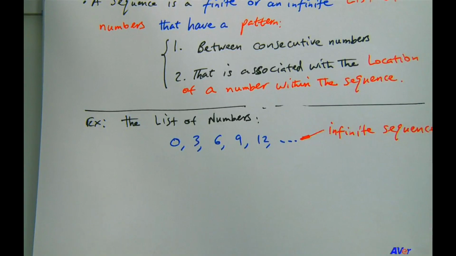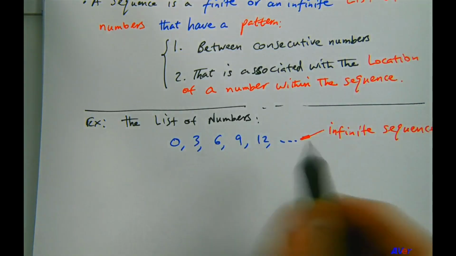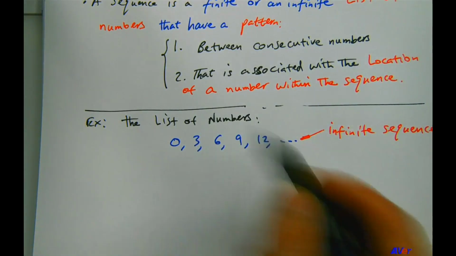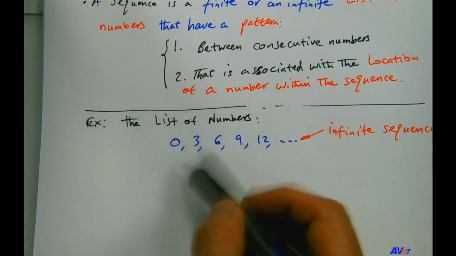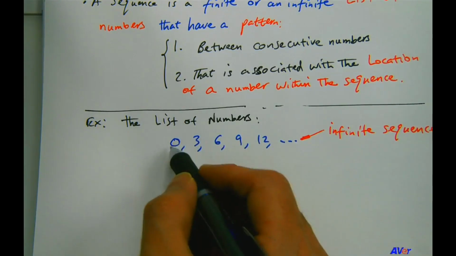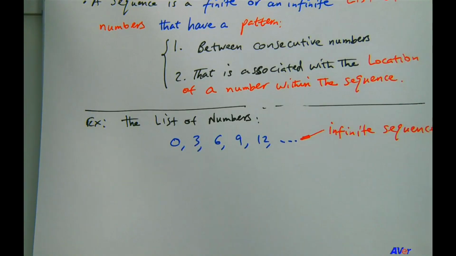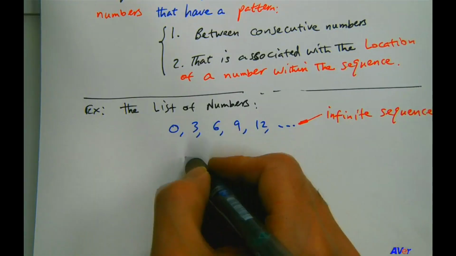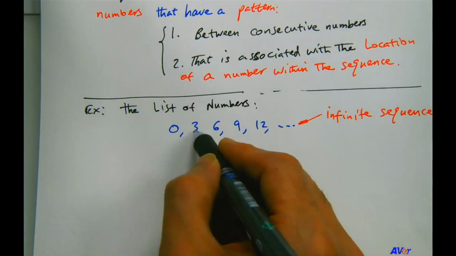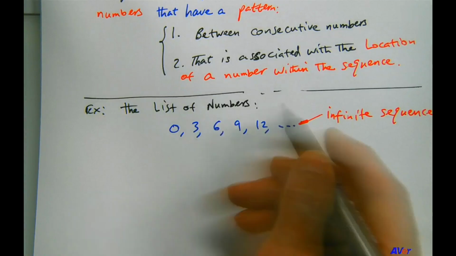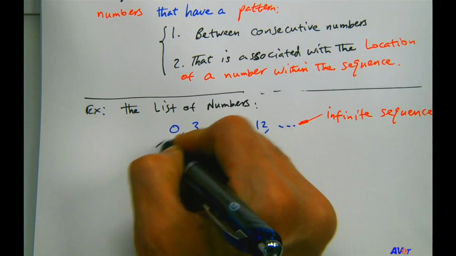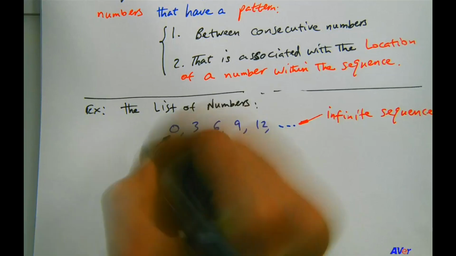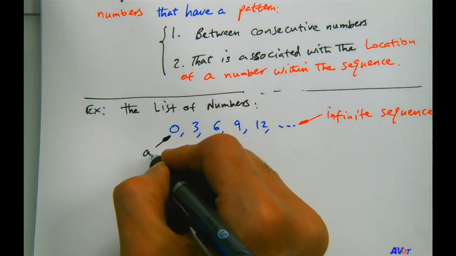Okay, the other thing I should mention at this point is the notation we use with sequences. As we said, the location of these digits is also important, not only what they are, but the location where they appear. So 0 is the first number, 3 is the second number, 6 is the third number. The way we denote that is usually with an a with a subscript.